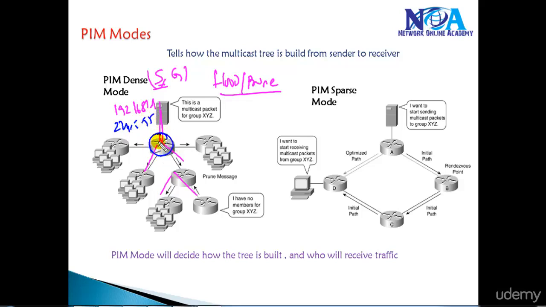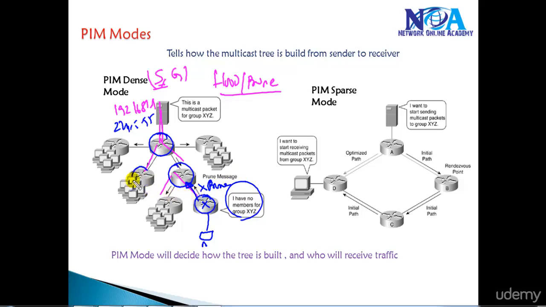Now each and every device is going to maintain this information on how to reach the server, and probably this router also knows how to reach the server. If this particular router does not have any host who wants to receive the multicast traffic for this group, it's going to send a prune message.